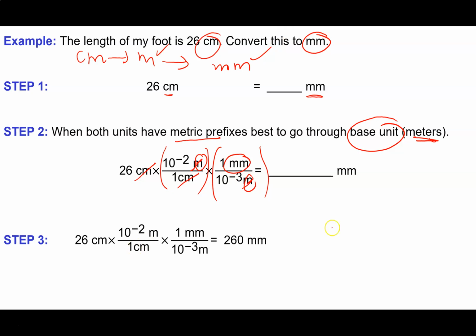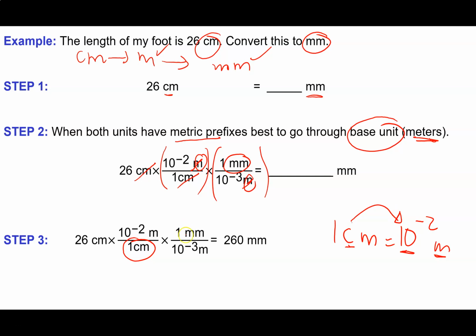You can see here that I always have the 1 beside the unit that has a prefix. That can be really helpful to let you know you're on the right track. The 1 always goes beside the unit that has the prefix, and then the power of 10 always goes beside the base unit. What is the power of 10? It's just the number that's equal to the decimal prefix, right?